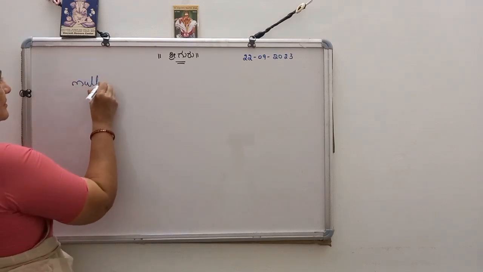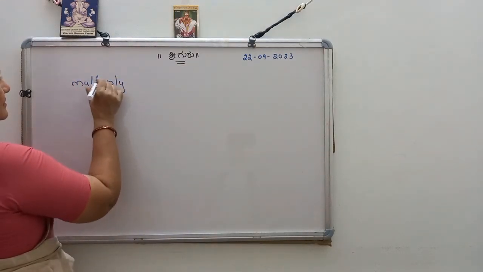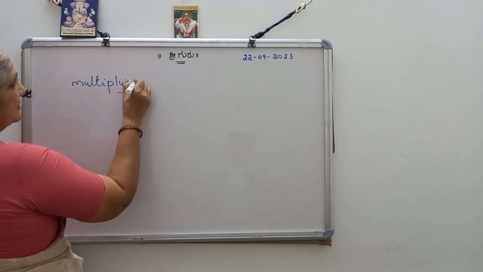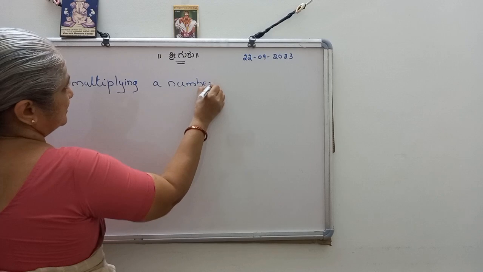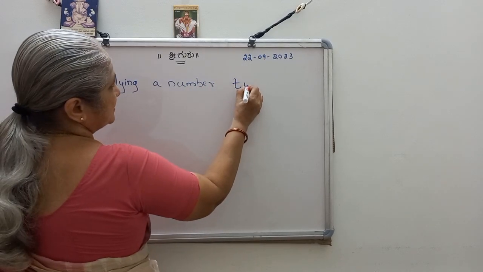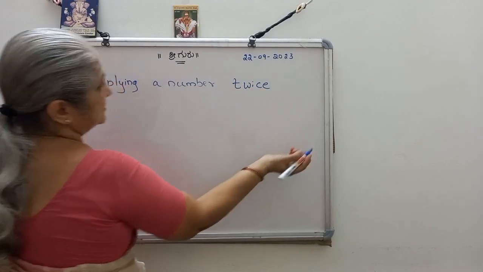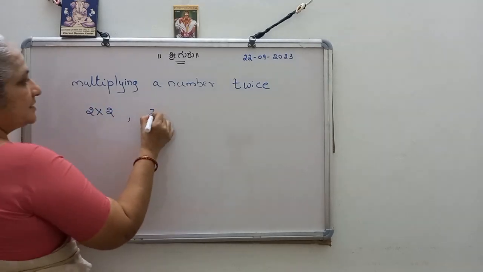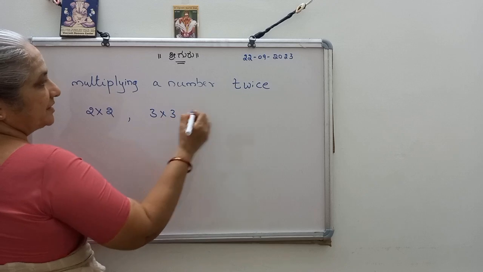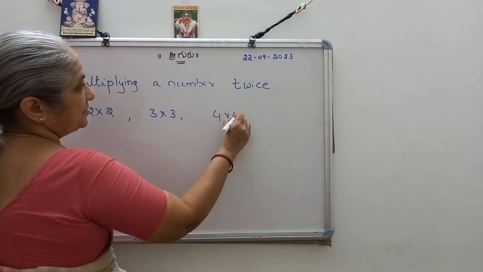Multiplying a number twice. 2 into 2, 3 into 3, 4 into 4.